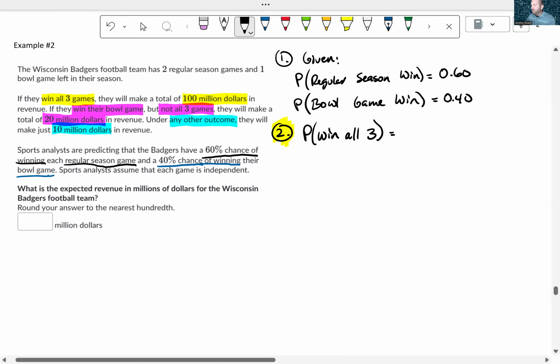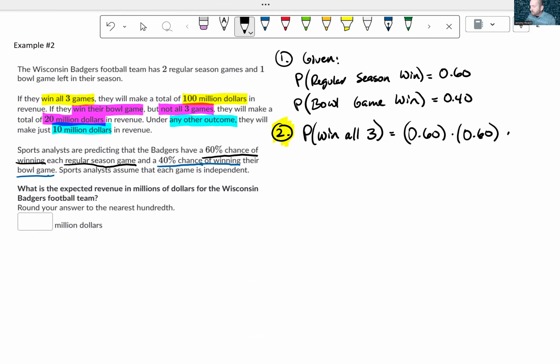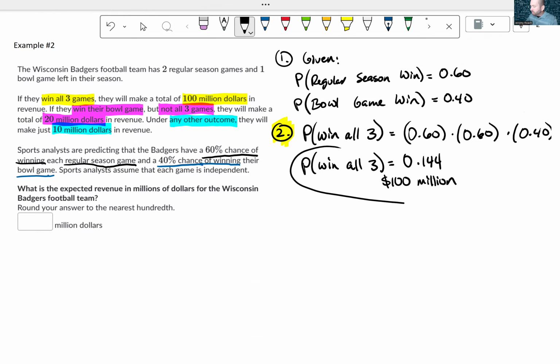And winning all three is a regular season game, 0.60, another regular season game, or we could say it as win a regular season game and win a regular season game and win the bowl game. So that would be the probability of winning all three. Pretty straightforward. Multiply all that out, and we get 0.144. That's this team's probability of winning $100 million. We'll circle that for later.